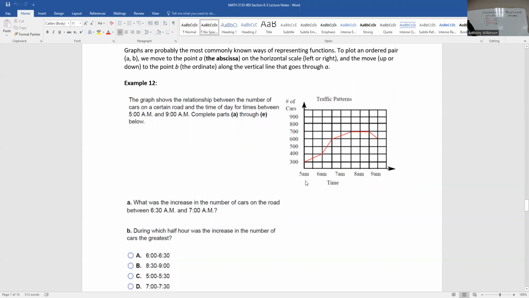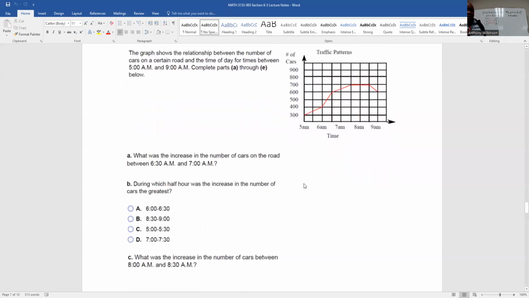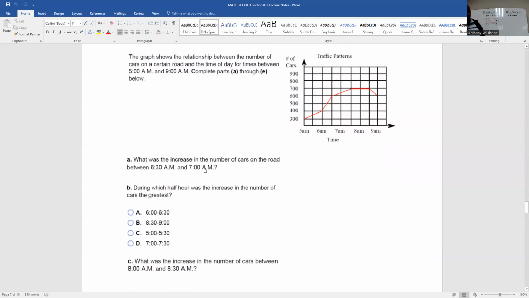Here this shows the relationship between the number of cars on a certain road and the time of day for times between 5 a.m. and 9 a.m. Complete parts A through E below. Some of these do have a choice of answers. Let's start with part A. What is the increase in the number of cars on the road between 6:30 a.m. and 7 a.m.?